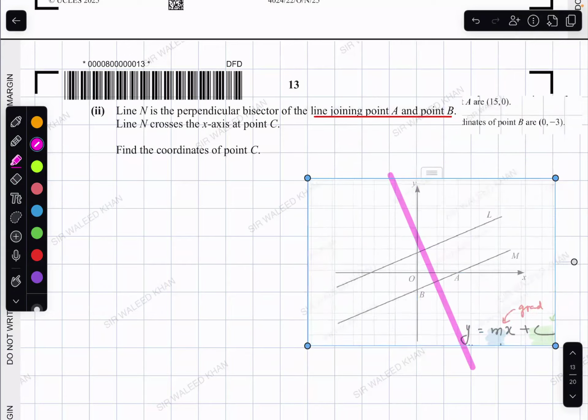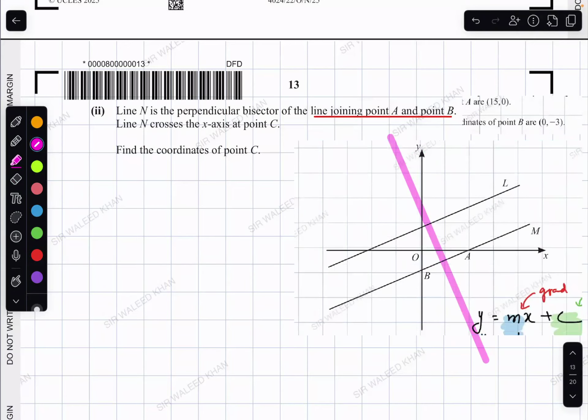Perpendicular, 90 degrees. Bisector means the midpoint of, Rafe? Midpoint of? Good. Bisector means it is going to split this line AB into two equal halves. So the midpoint of it.